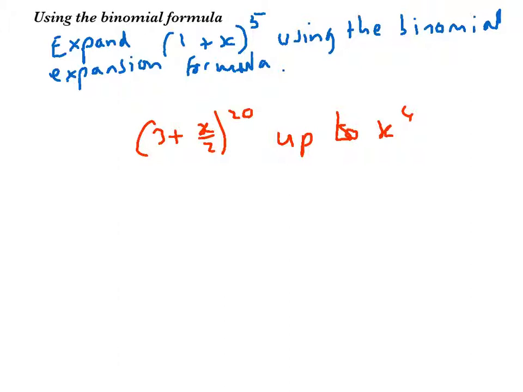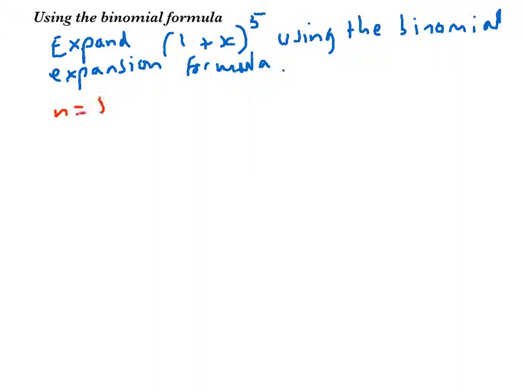Or they would ask you, what's the coefficient of x over 2 to the power of 18? Or something like that. That's what we'd lead up to, and in C4, you'll be looking at infinite series where they converge. But we'll talk about that in a bit. Let's concentrate on this example for now.